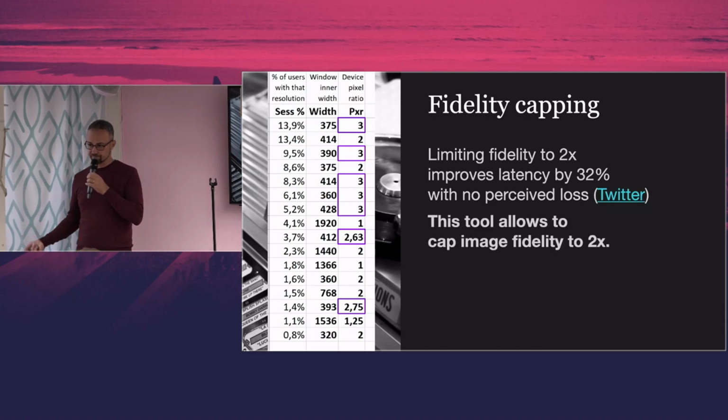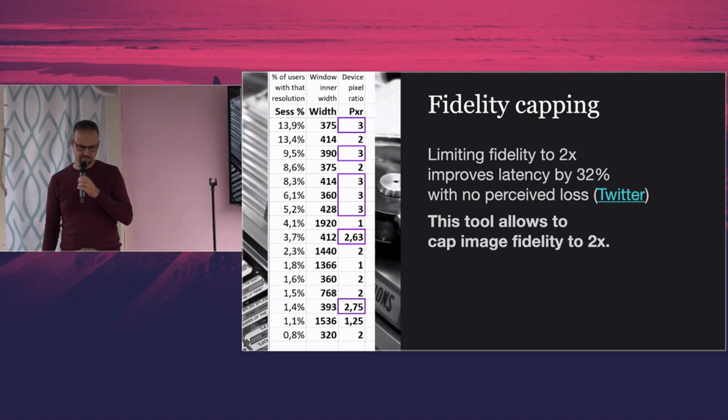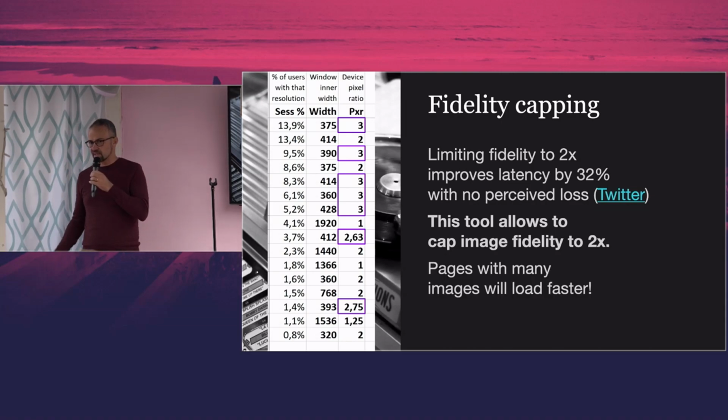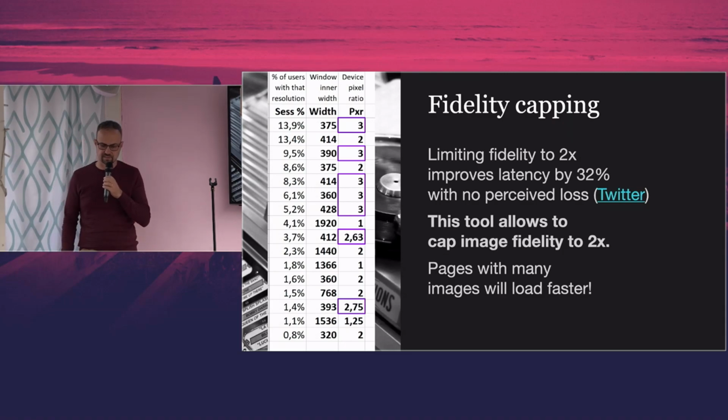This tool also allows you to cap fidelity to 2 times. And pages with many images will just load much faster, like an e-commerce category page with a lot of images.